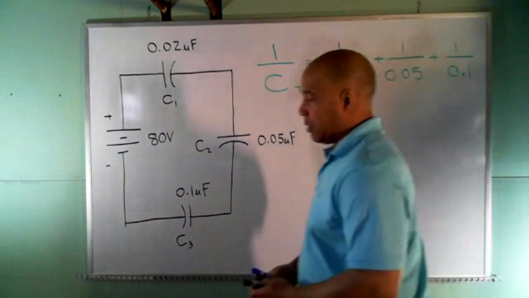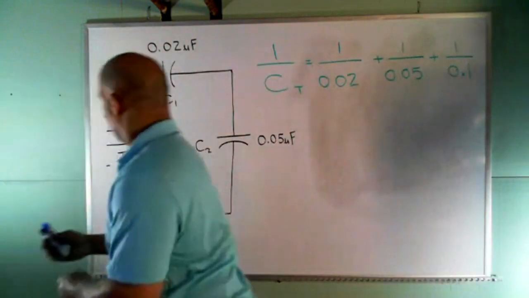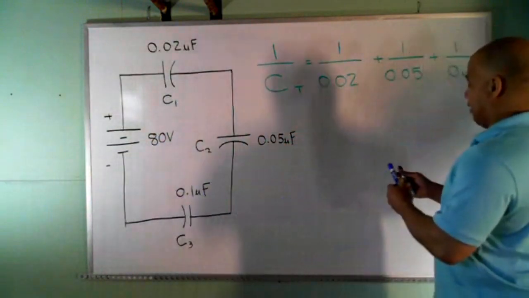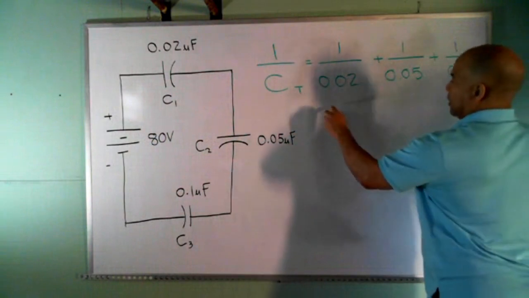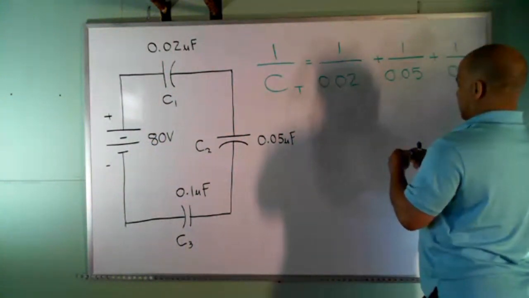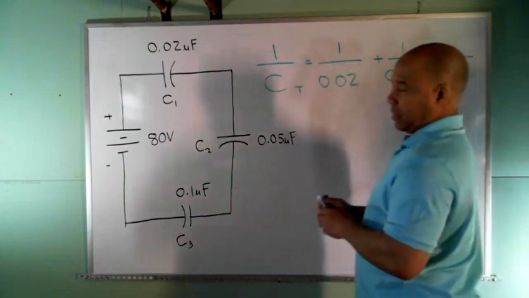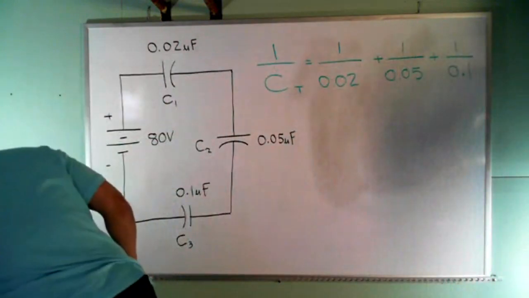What I need for you to do is to figure out, remember I showed you how to use your reciprocal key. So I need to know what CT is. Give me the value for CT.